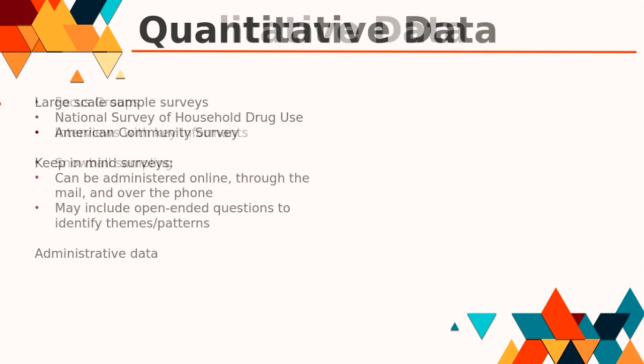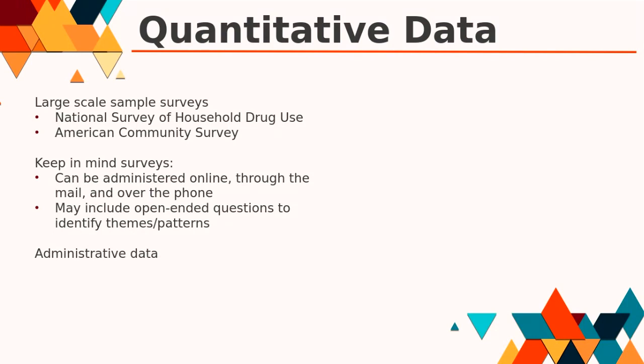When you think about quantitative data, some things that come to mind are those large-scale sample surveys that were referenced in the textbook that are listed here. Please keep in mind that surveys can be administered in a number of different ways: online, in the mail, over the phone, and they may include some open-ended questions that will allow you to collect both quantitative and qualitative data.